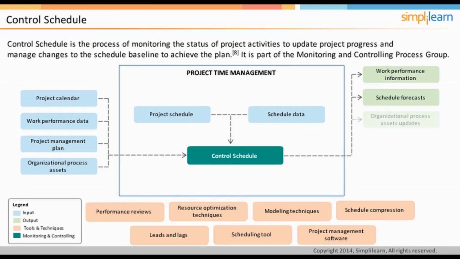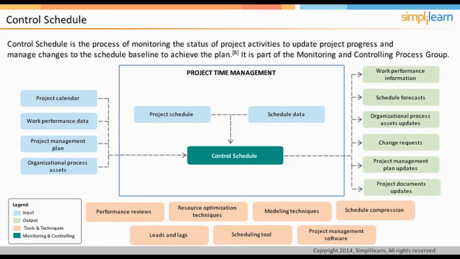The other outputs include organizational process assets updates, change requests, project management plan updates, and project document updates. In the next screen, let us look into a business scenario to understand this concept better. After reading the problem statement, click the Solution button to look at a possible answer.